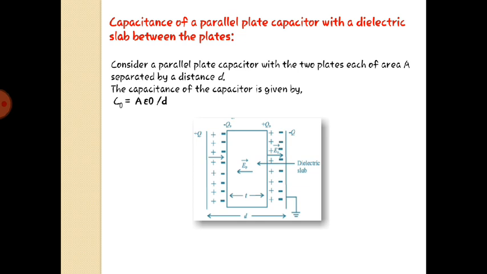But before saying whether the capacitance increases or decreases, we have to find out what happens to the electric field. Because as we have seen in the previous one, the electric field gets added up inside two parallel plates, right? But what happens here if the dielectric material is inserted into it?